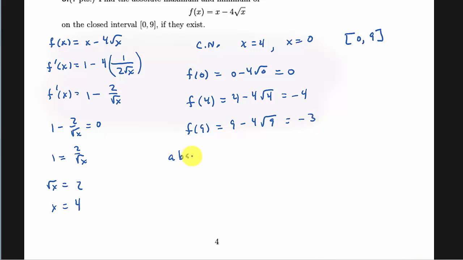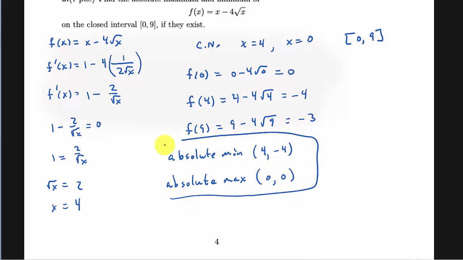So we have an absolute minimum at 4, right? So that's at the point 4, negative 4. And we have an absolute maximum at 0, 0. And there you go. That's the largest value, and that's the smallest. So that's our absolute max and min.